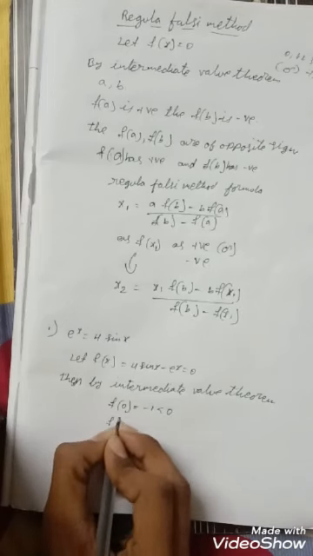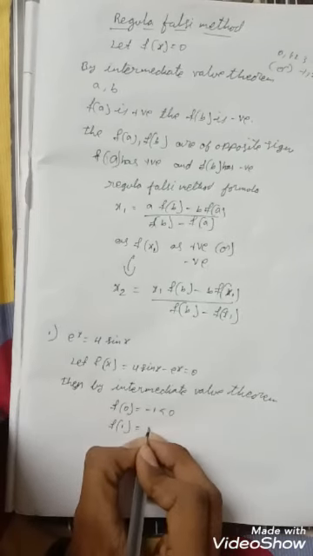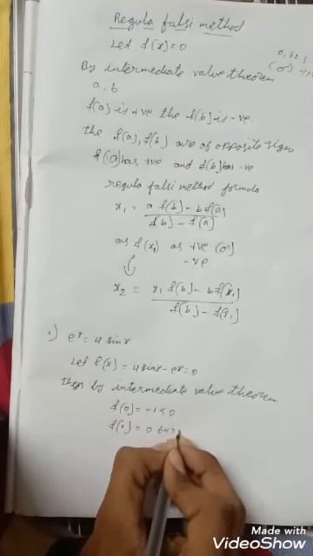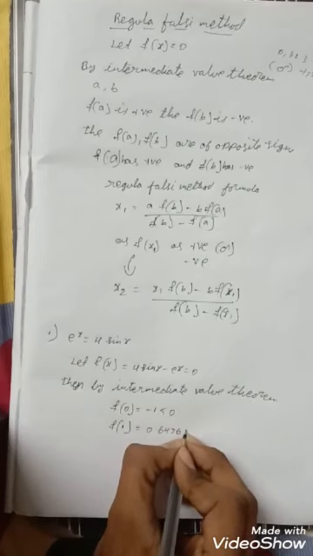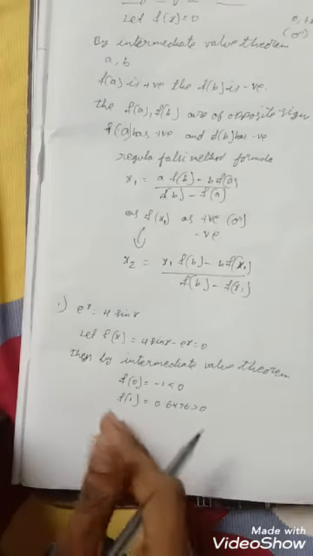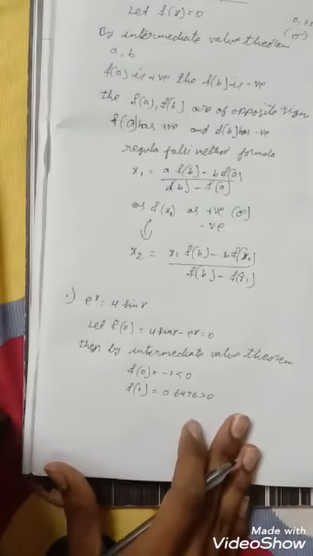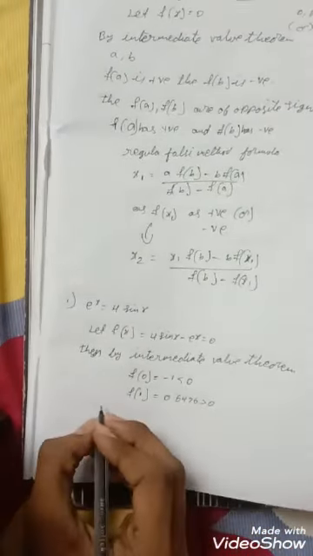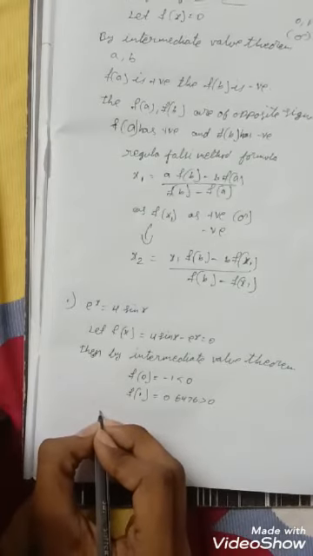Then with 1 in place of x we get 0.6476, which is greater than 0. So we consider the values of a and b as 0 and 1.